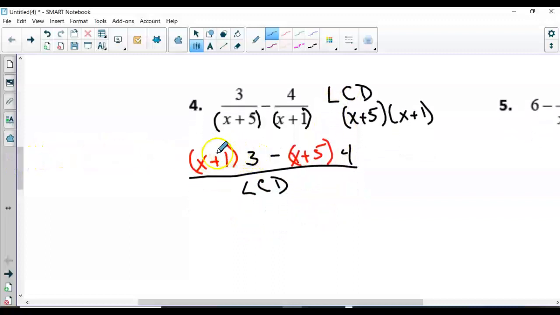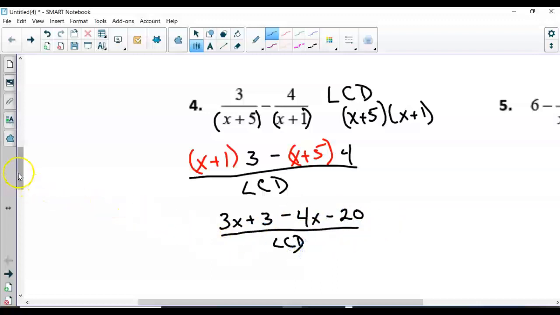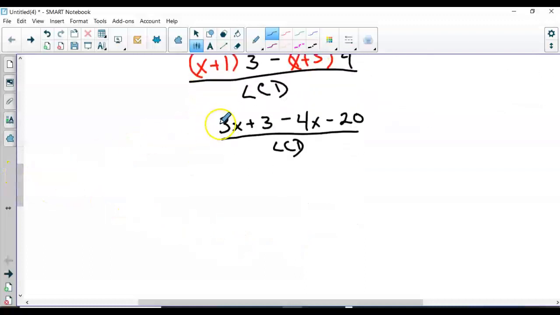Okay. So we need to distribute the 3, so I end up with 3x plus 3 minus, this negative goes all the way through. This is like multiplying by negative 4, so negative 4x minus 20 all over the LCD. So, add our like terms.